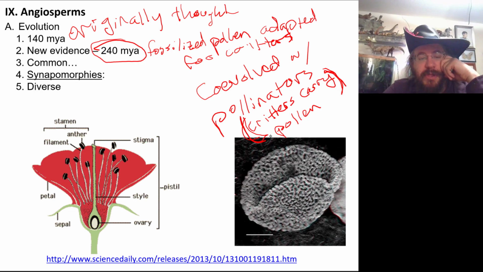Not too terrible. So, that pollen grain that they found in the Triassic era, dated to 240 million years ago, the early Triassic, man, it had tiny little adaptations for sticking to bugs, probably beetles, because bees did not exist 240 million years ago that we're aware of.